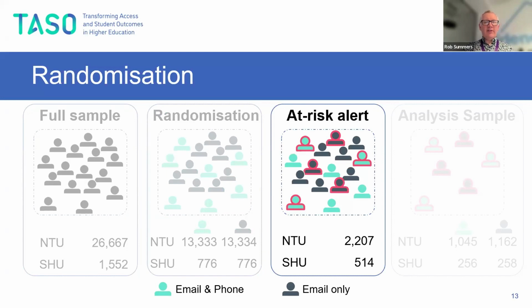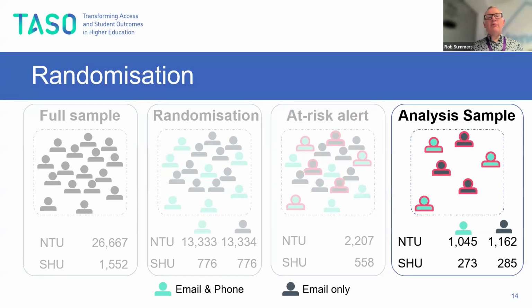And then those students who did generate an at-risk alert, which at Nottingham Trent was 2,207 and at Sheffield Hallam was 514, became part of our analysis sample, and they received either one intervention or another, depending on the randomisation that had occurred. Approximately half of the total were in each intervention.